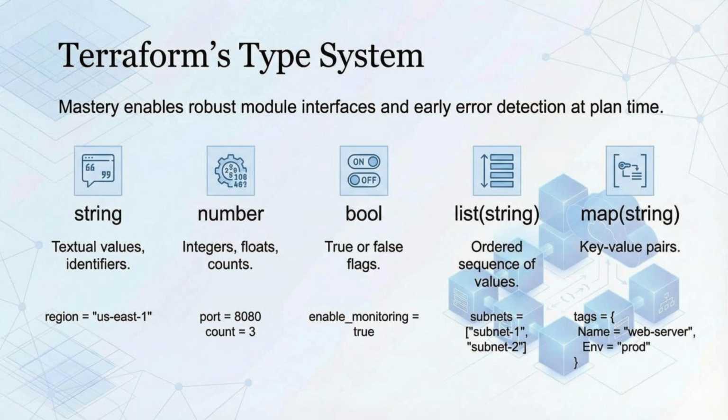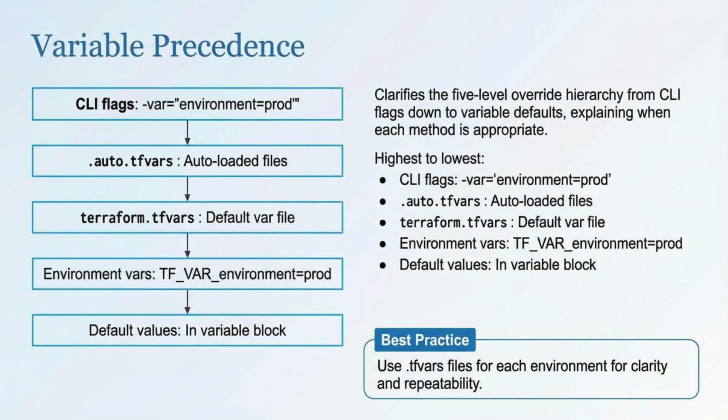We did the variables, and just a short piece of information on variables. It allows us to define variables of different types like string, number, boolean, list of strings, and map. And yeah, there's some precedence for variables as well. So it first looks for the variables in the CLI flags. There are many ways we can define variables. It can be in an environment variable.